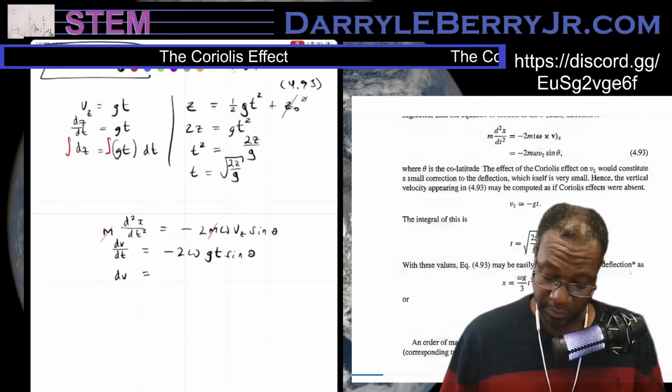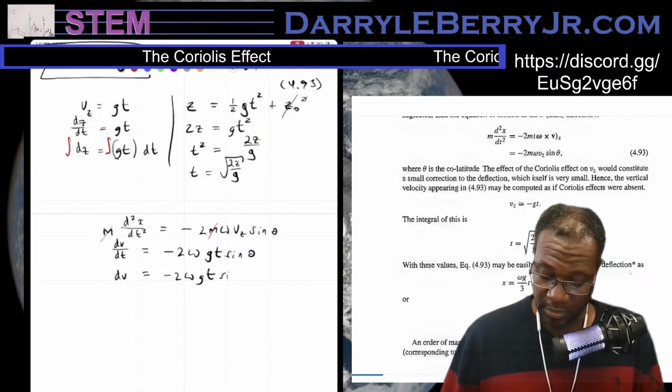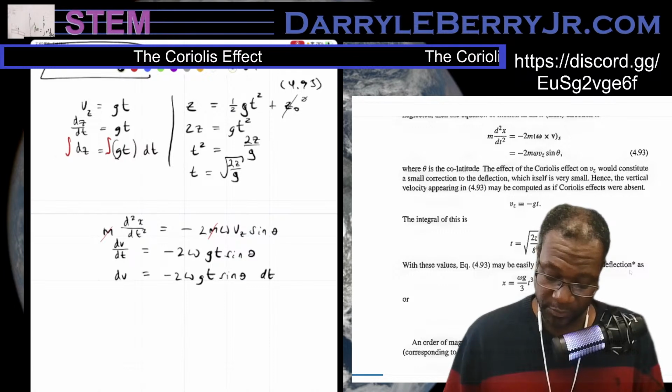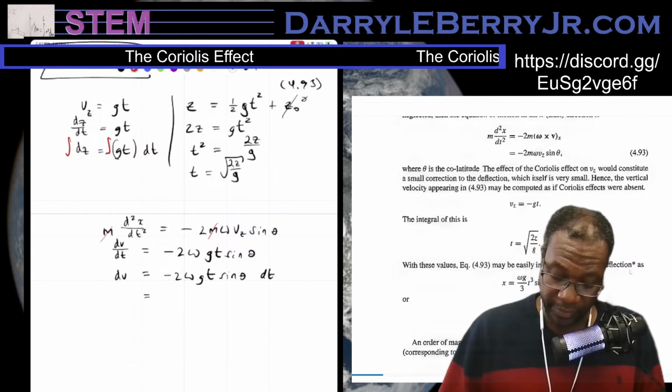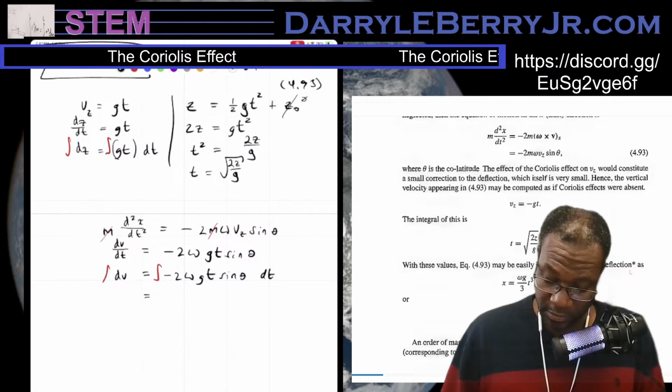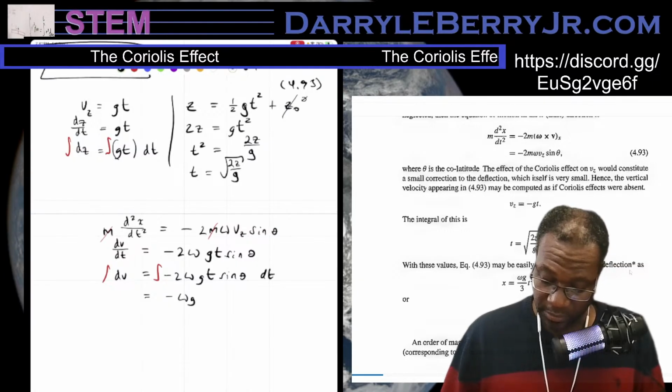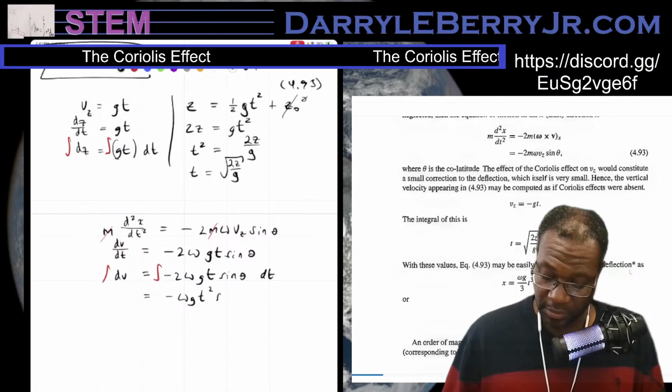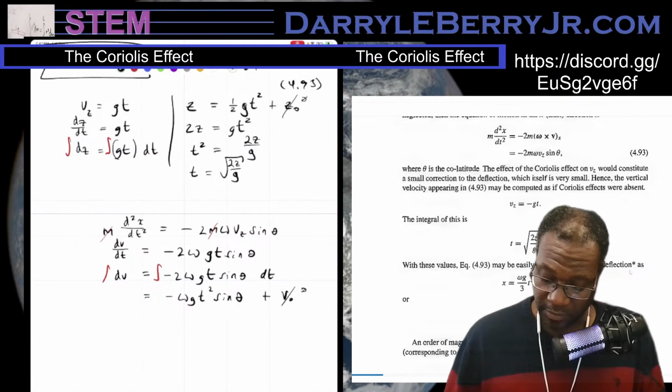So dv equals negative 2 omega g t sine theta dt, which, if I integrate both sides, equals negative omega g t squared sine theta plus v naught, which we'll call 0.